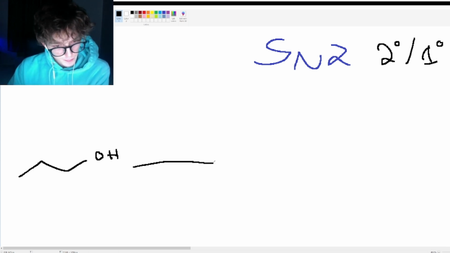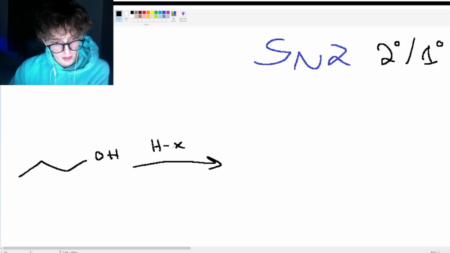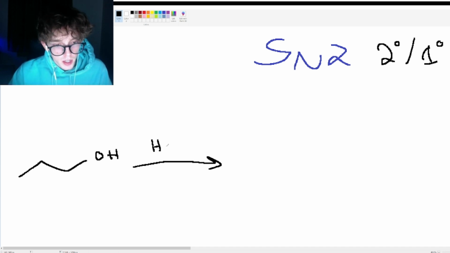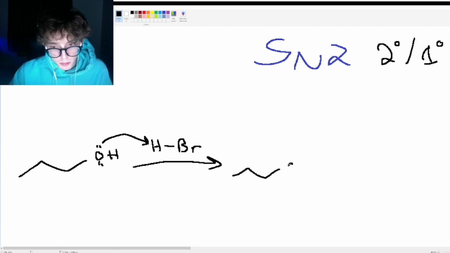So to keep things simple, we'll take a secondary or primary alcohol and let's react it here. It turns out we can use any sort of halide bonded to a hydrogen. In this case, it best happens with hydrobromic acid. It does this here, makes a good leaving group. Okay, so we get that there.